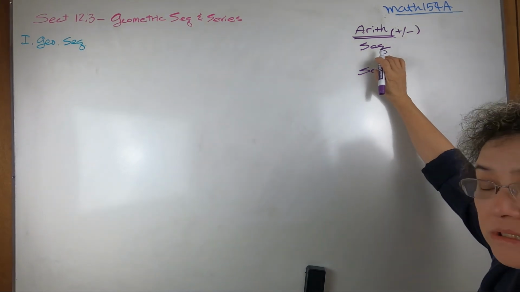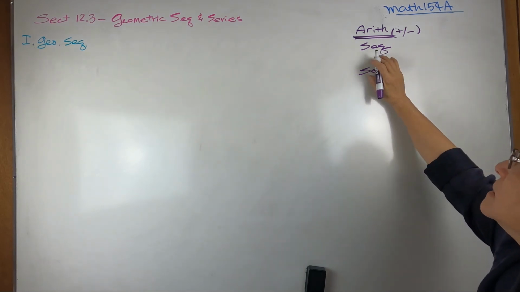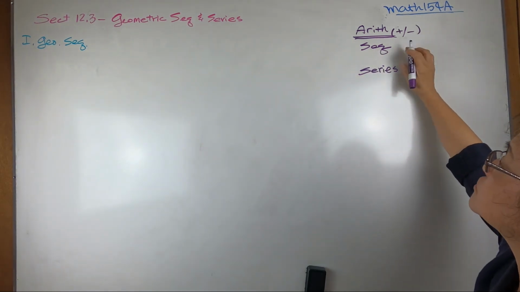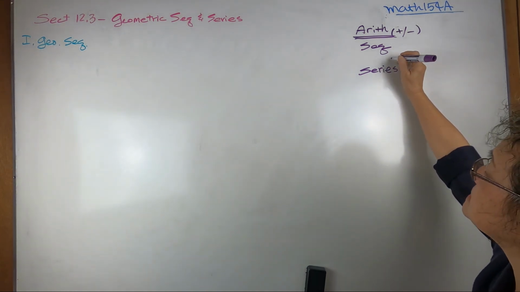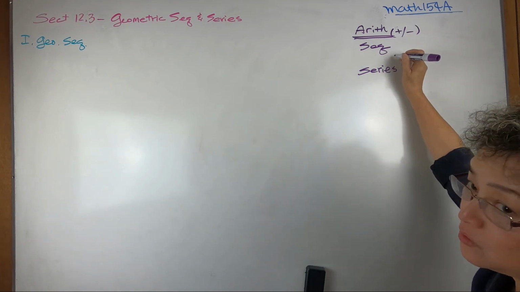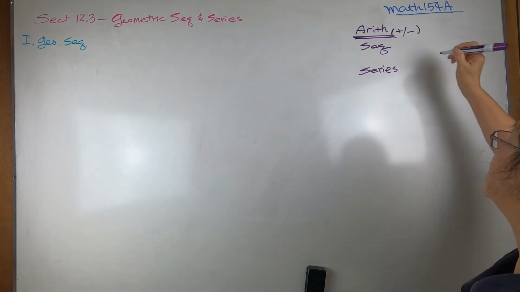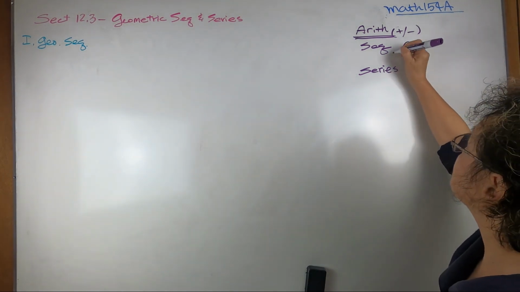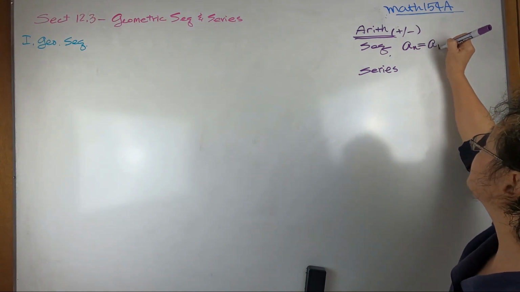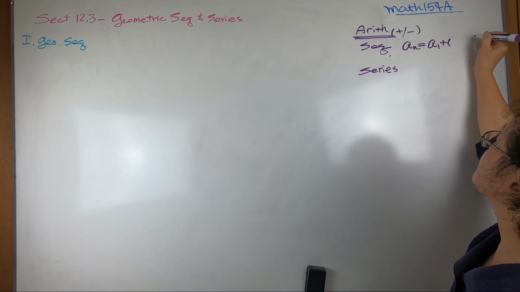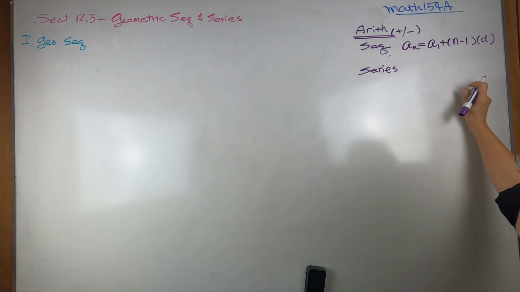So the sequence is a pattern. If we add and subtract to get the next number, we call this an arithmetic sequence. And what's the formula? How do you find your general term? It will be a_n equals the first term plus how many distances away, (n minus 1) times the difference.